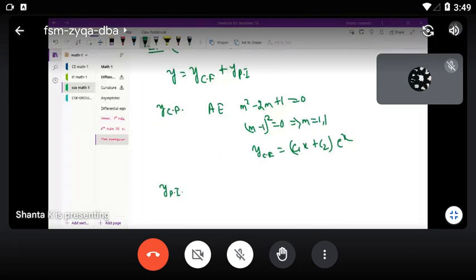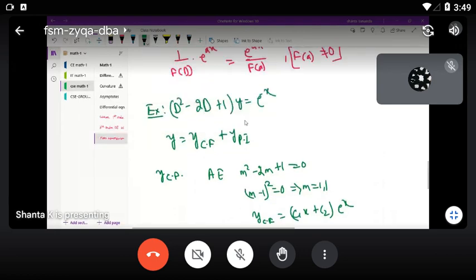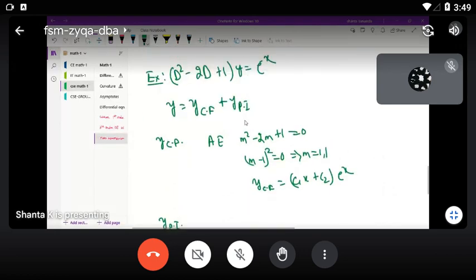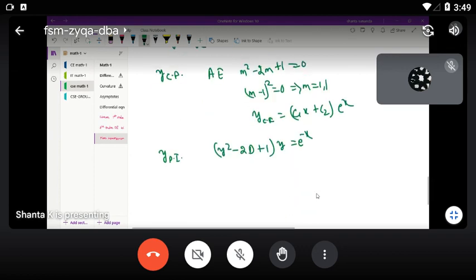So for the particular integral, this is what we have: D square minus 2D plus 1 operating on y equals e power minus x. So here the particular integral will be 1 by D square minus 2D plus 1, acting on e power minus x.